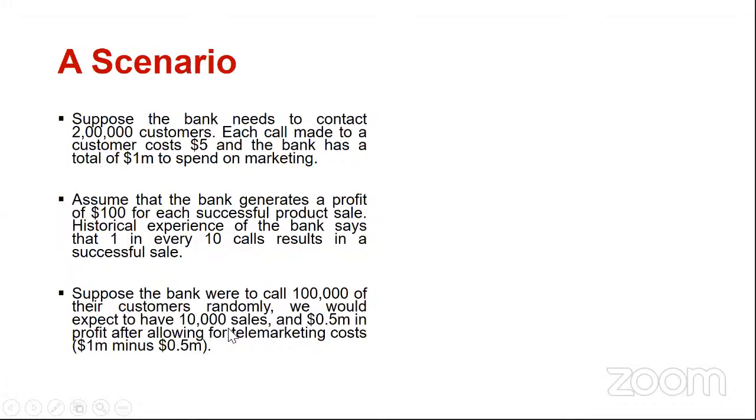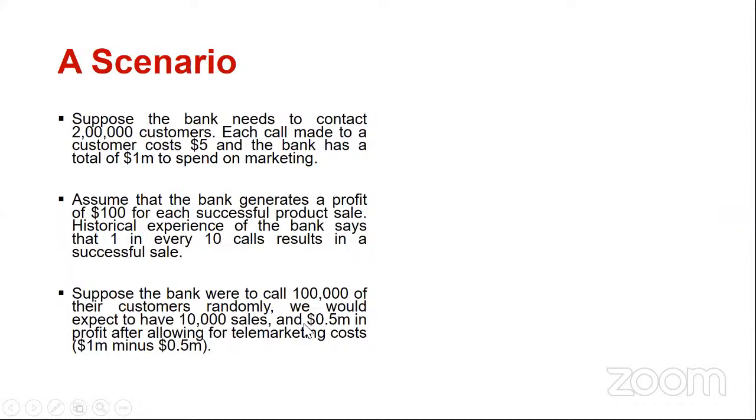Now, a typical challenge is: 1 lakh customer database, the bank is ready to give you all. Out of 2 lakh, 1 lakh random customers were selected. Now, the bank is asking you to generate 10,000 rupees sales or $10,000 sales. How much budget do you have to plan for? For 2 lakhs, you have planned $1 million.